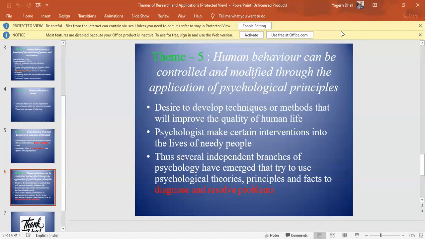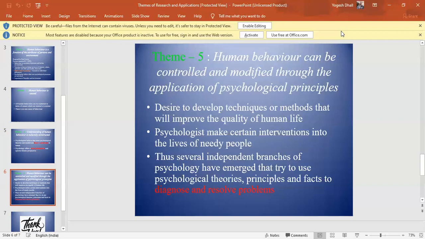The second reason is that psychologists make certain interventions into the lives of needy people. To make interventions in people's lives means to change certain things in life so that their quality of life is improved.